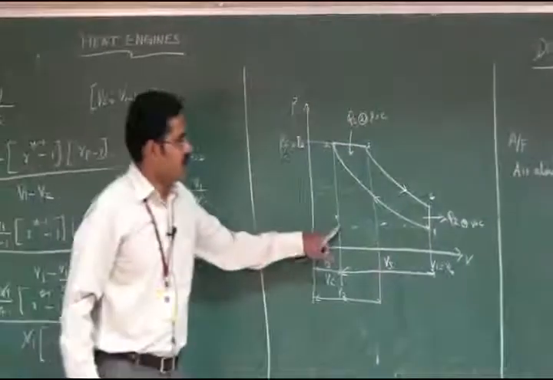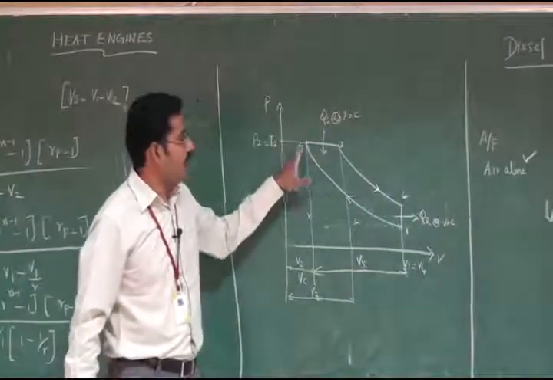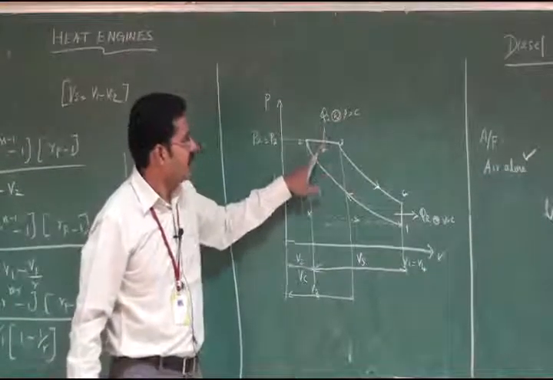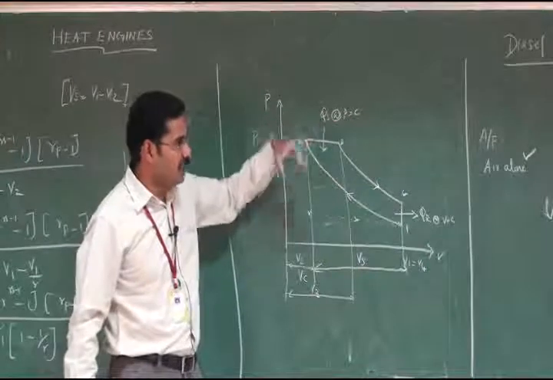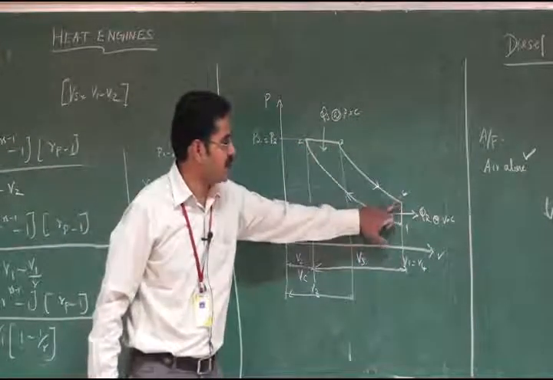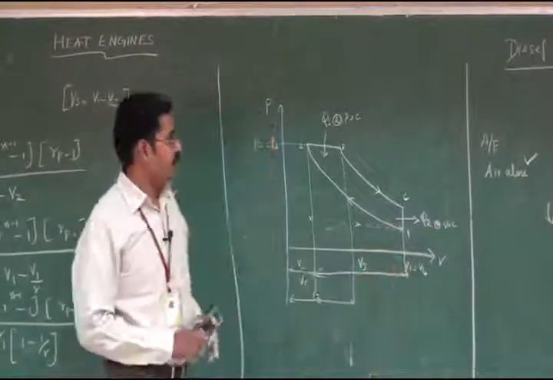So in diesel cycle 0 to 1 is the first stroke, 1 to 2 is the second stroke, but in the combustion process heat is supplied at constant pressure, through the fuel injector. 3 to 4 is a reversible adiabatic expansion process, and 4 to 1 is heat rejected at constant volume.